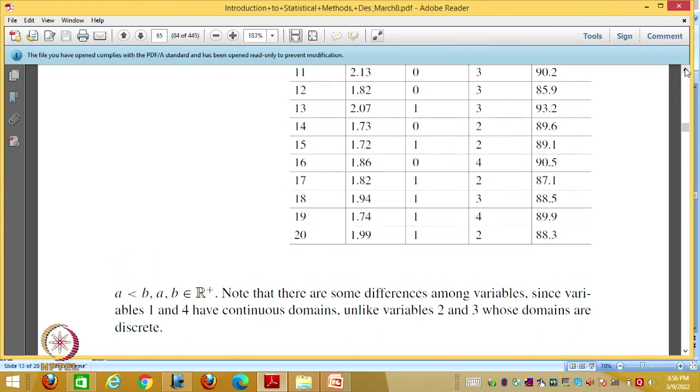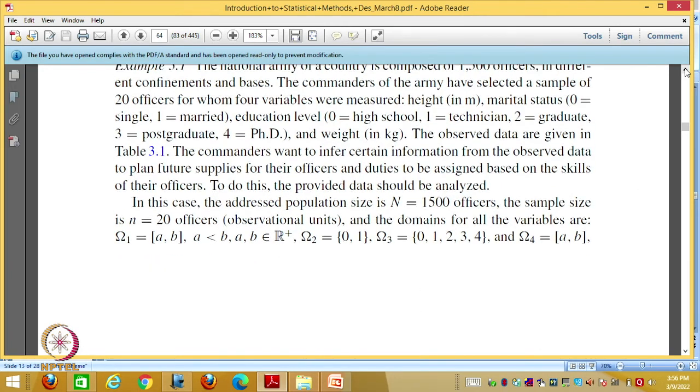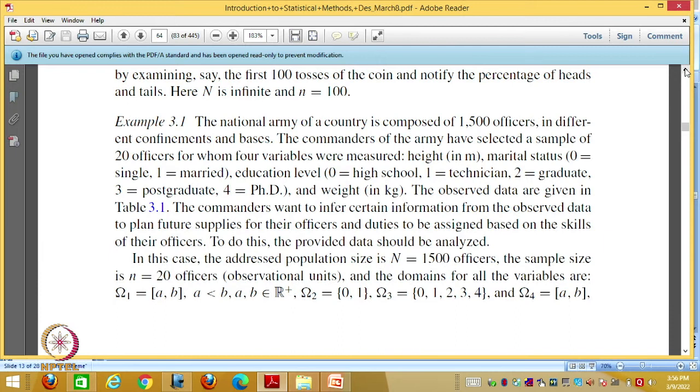Yes. So, we have taken their education level.